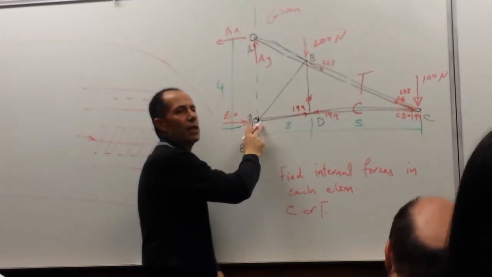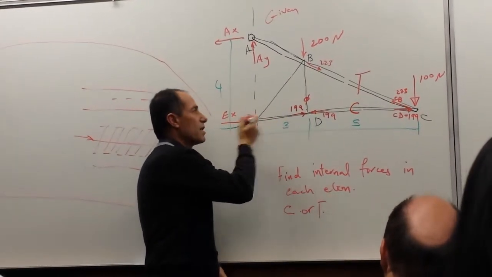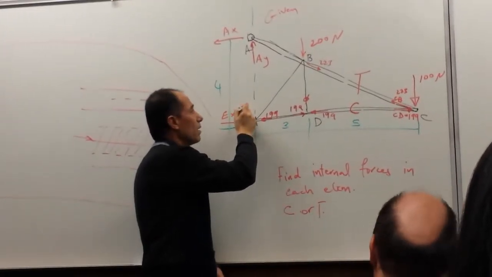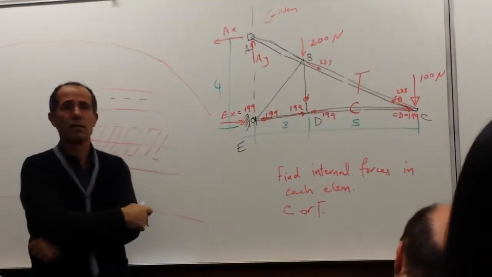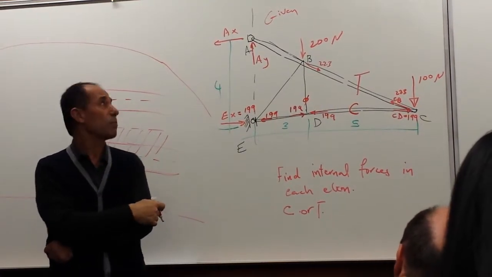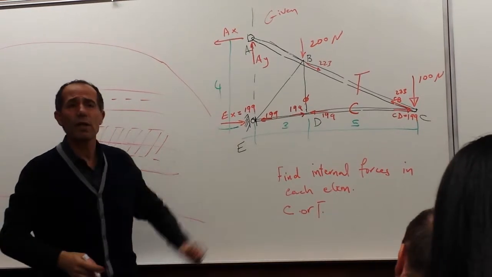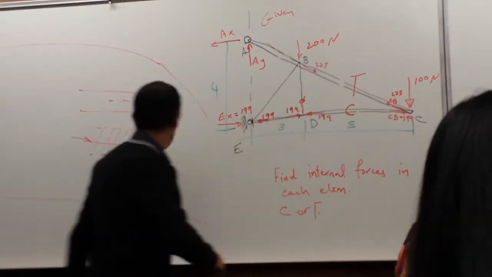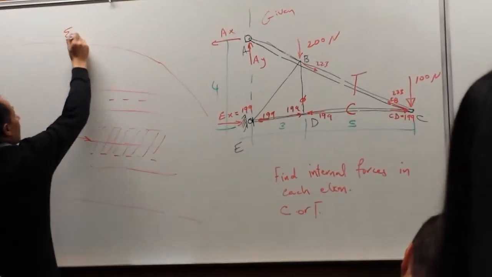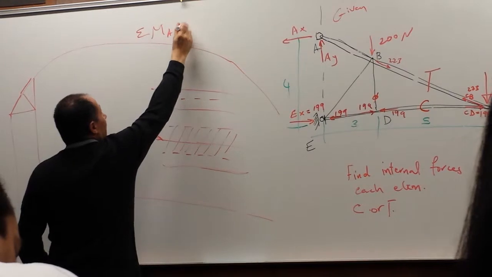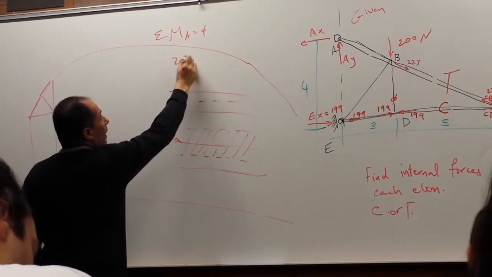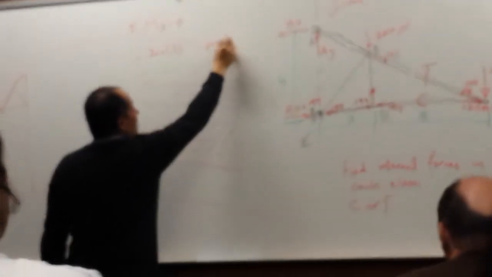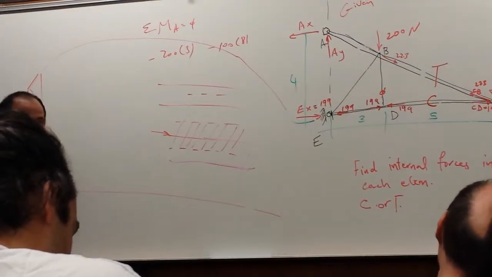What should I put here, in this direction? What should I put here, 199 in that direction. Some people don't believe me, and they want to calculate the external forces. For the external forces, I will start here with the sum of the moment at A equals 0. 200 times 3 is negative, 100 times 8 is negative, correct?